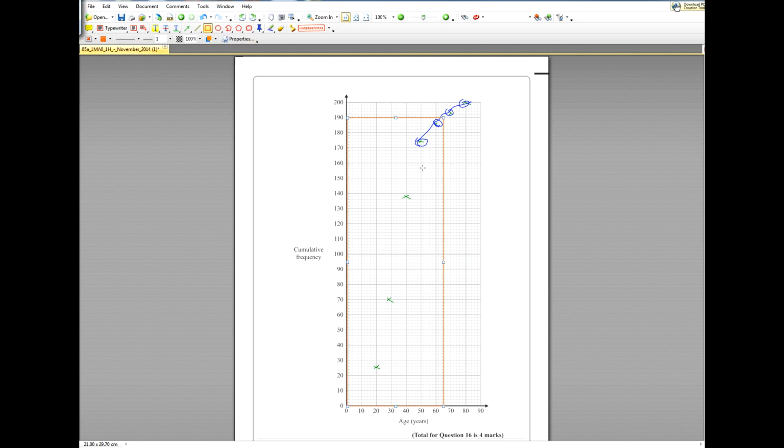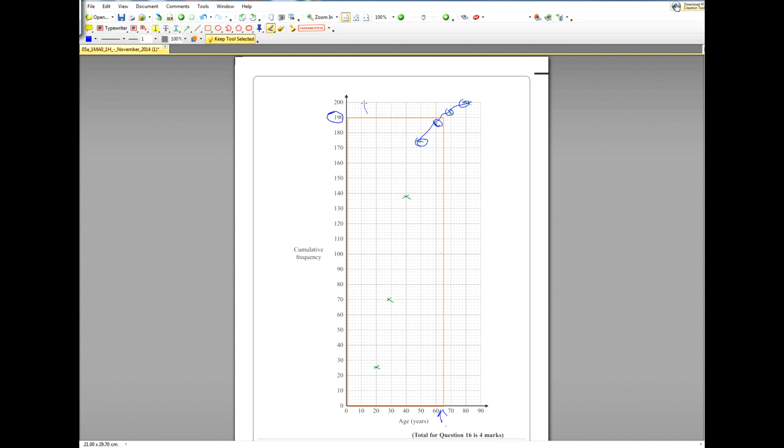Now, I want everybody to pay attention, please, folks. What I've done here, I've drawn that square to help me. So, 65 is here. If you go up to the curve and go across, we come to what? 190.